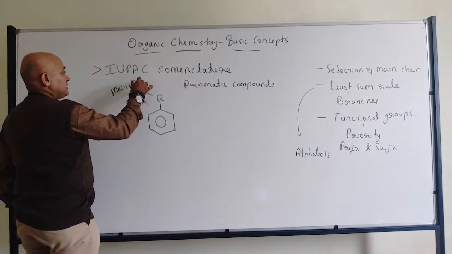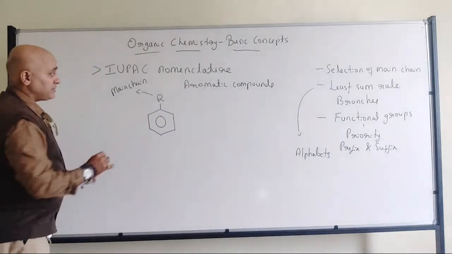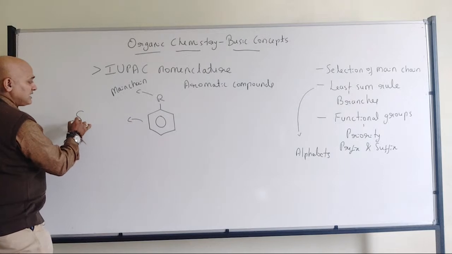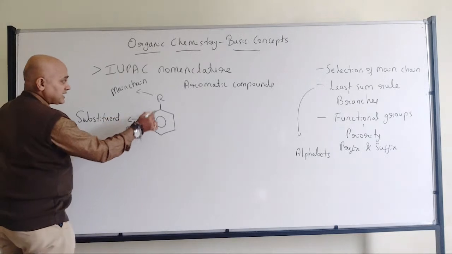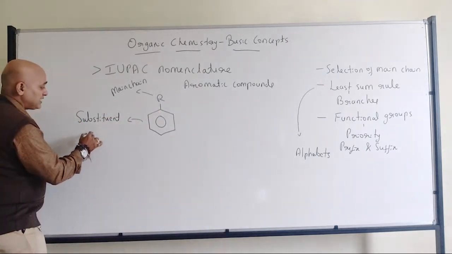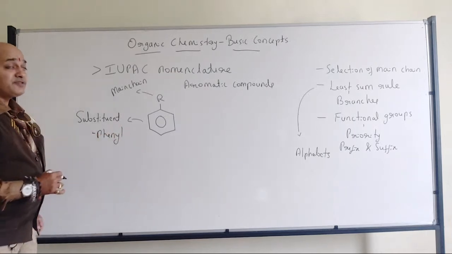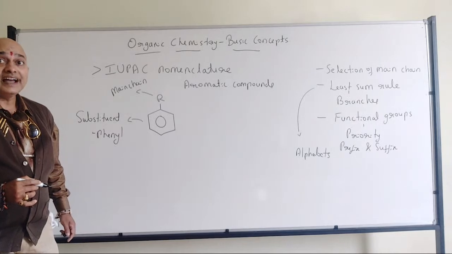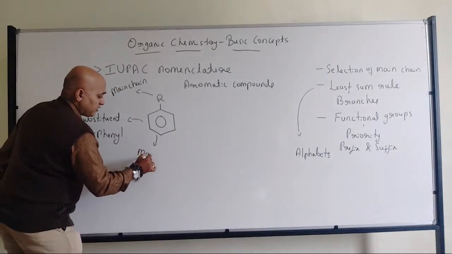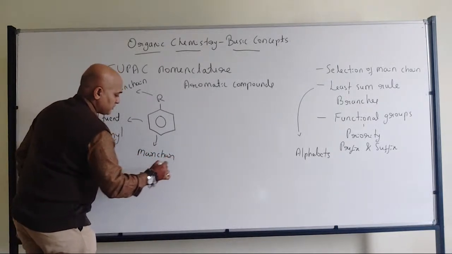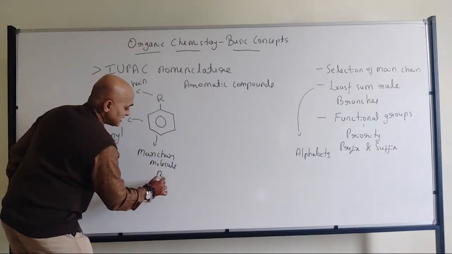Now if you are considering this one as a substituent for a main chain, then we can call it phenyl groups. If I am considering this one as a parental chain or parental molecule, main chain molecule, then I will call it benzene.